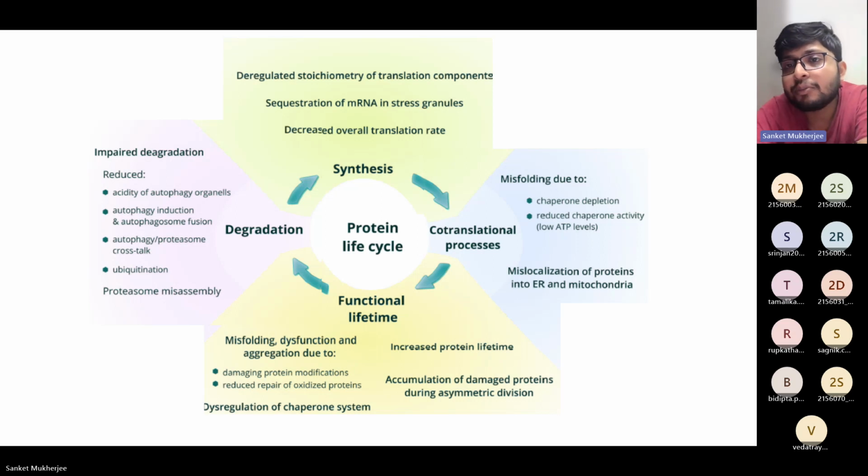Essentially, all the translation components are not available, the mRNA is sequestered, or there is a decrease in overall translation rate. In co-translational processes, there could be misfolding or mislocalization. During its functional lifespan, there could also be problems, and during degradation also there could be problems due to aging.